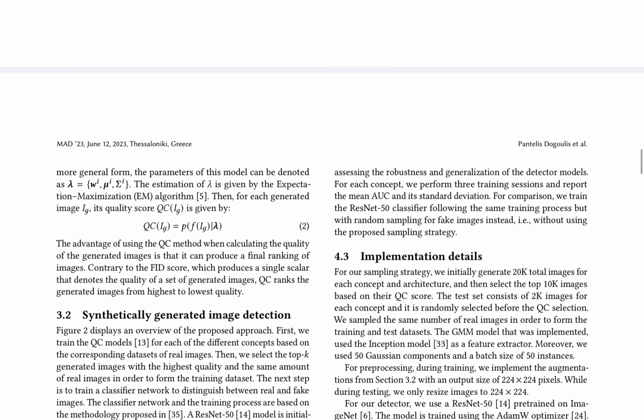In a more general form, the parameters of this model can be denoted by lambda: w i, mu i, sigma i. The estimation of lambda is given by the expectation maximization, EM, algorithm. Then for each generated image I G, the quality score is given by the probabilistic p-value of f of I G given lambda.